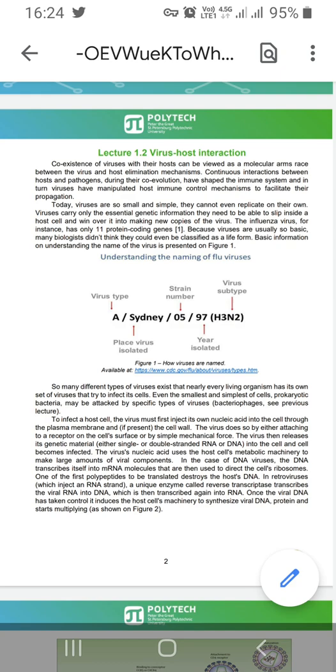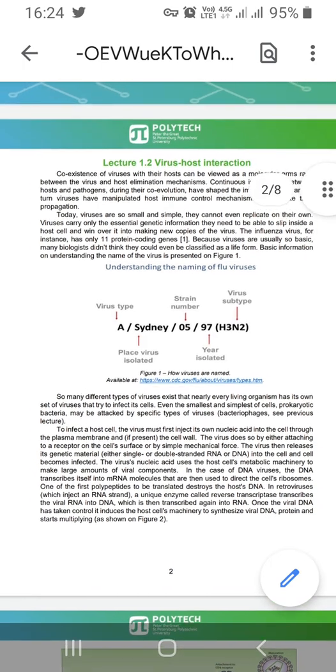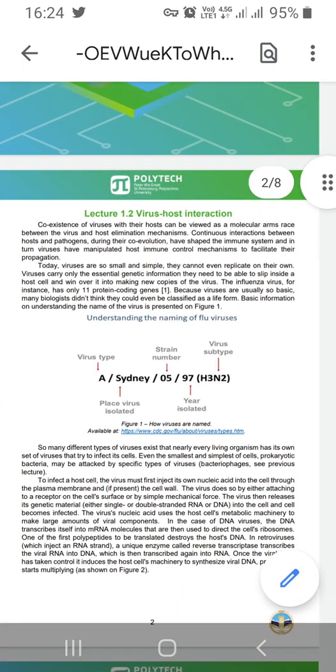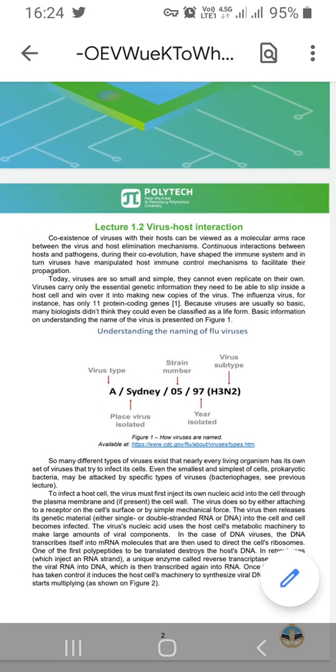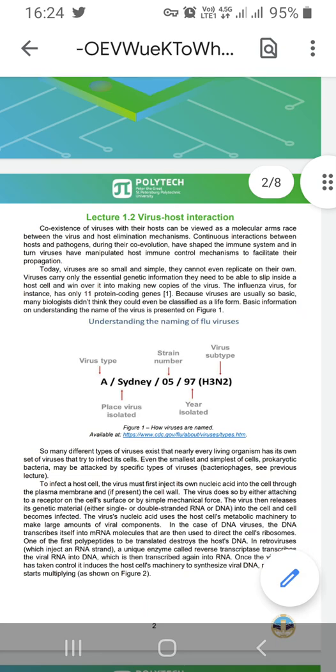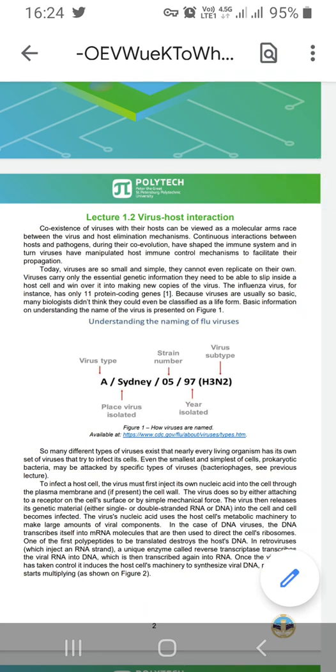Today, viruses are so small and simple they cannot even replicate on their own. Viruses carry only the essential genetic information they need to be able to sit inside a host cell and win it over into making new copies of the virus.